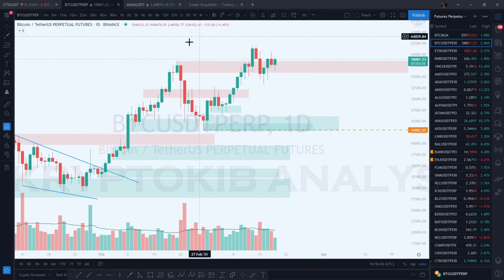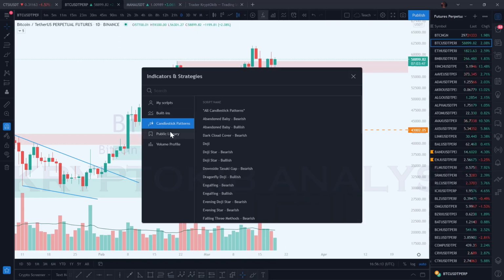So if you want to deploy the indicator from TradingView, I think they have it in other indicators. You can come to candlestick patterns, then you have all the candlestick patterns you can find. Here we have the dark cloud cover, doji. They have also put a bearish chart or a bullish chart for you to know which one is bullish, which one is bearish.